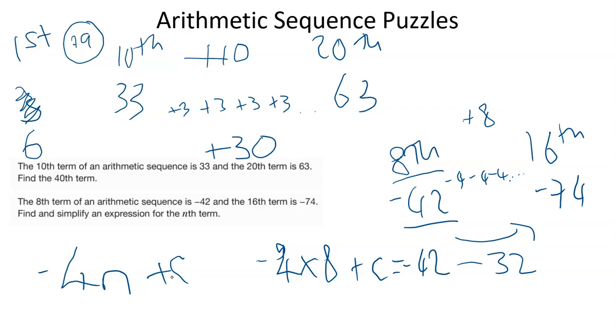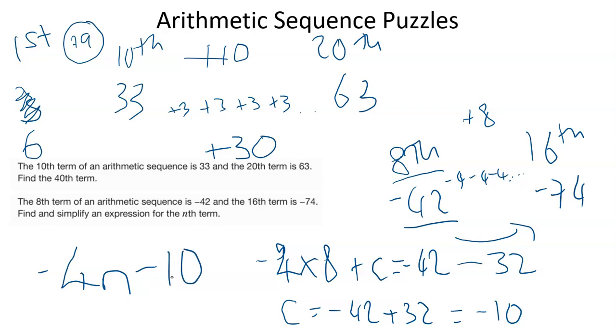So minus 4 times 8 is minus 32. And if we move that over, it becomes a plus. So c is minus 42 plus 32, which should give us minus 10. So we can then rewrite this over here with the minus 10.